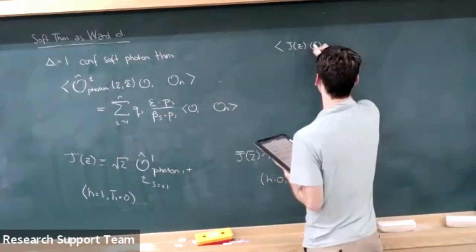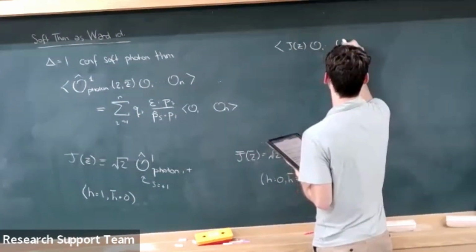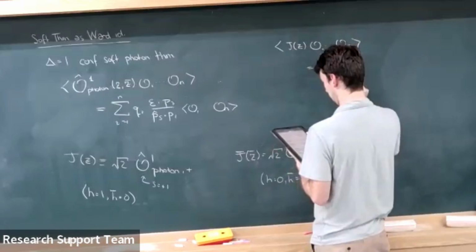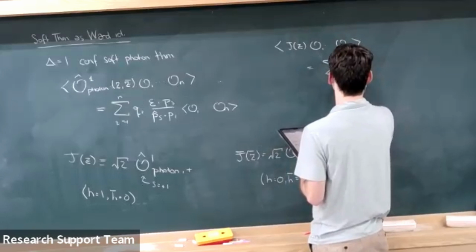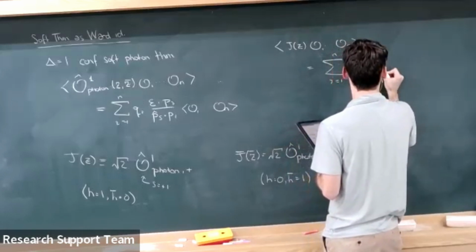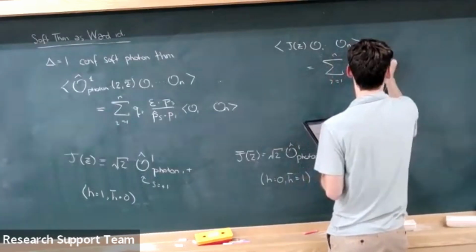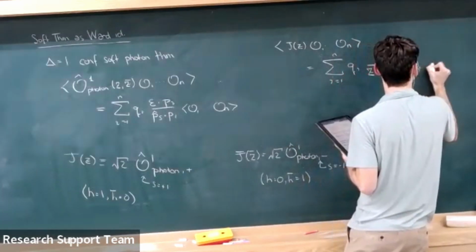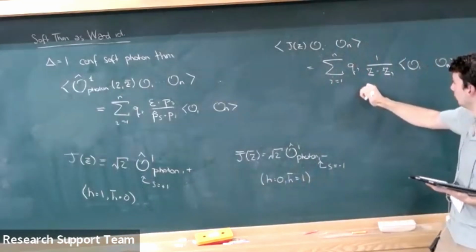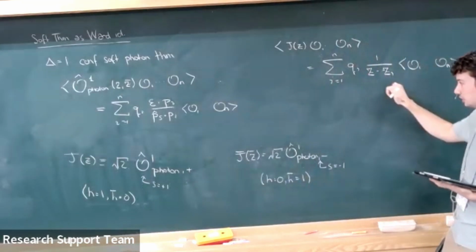So we find that when we stick these things into celestial amplitudes, we have the following relations. All right, so you might be sketched out. What is this z minus z_i? Where did this come from?